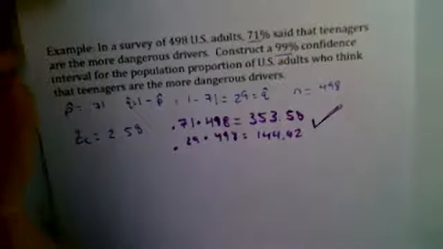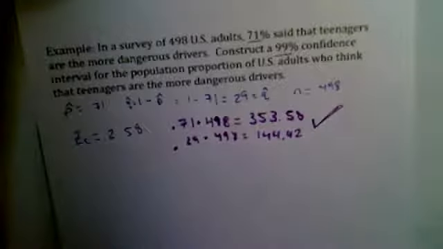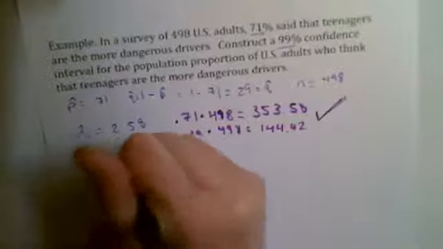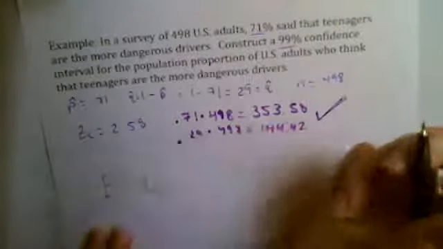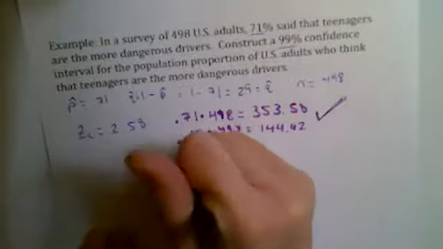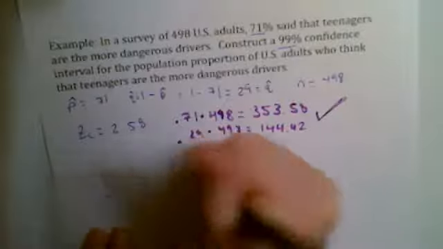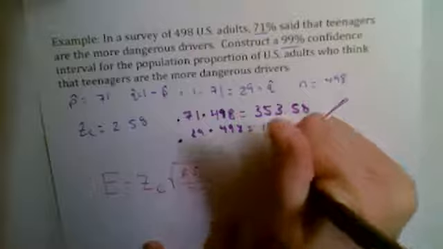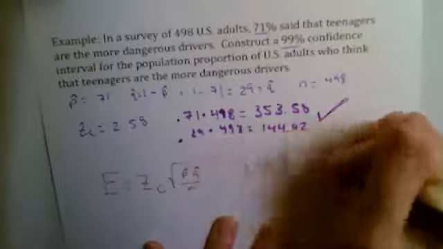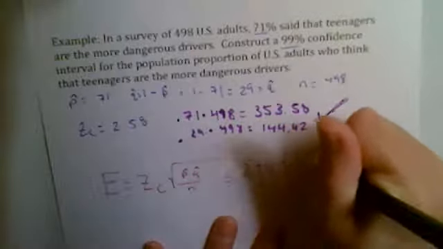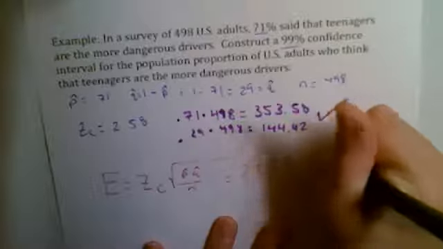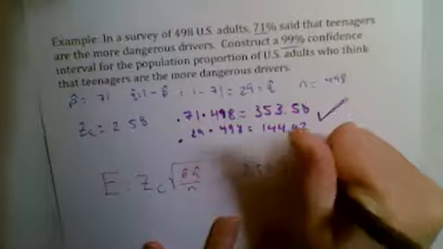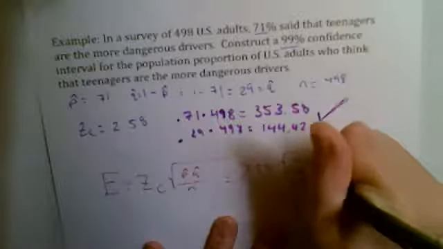So now that we did that, let's go ahead and find our error. Okay, so 2.58, p hat was 0.71, q hat was 0.29, divided by 498.